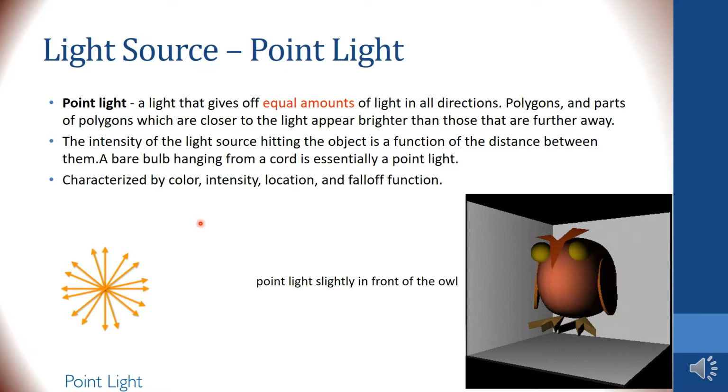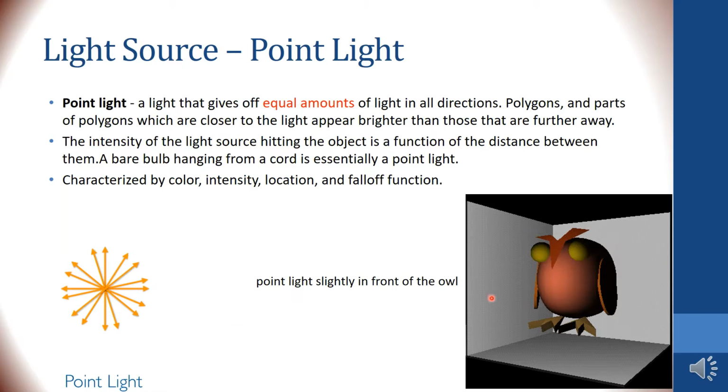If you look at this figure, the arrows represent the rays of the point light. You will see that the point light gives off equal amounts of light in all directions. This is how the point light works.